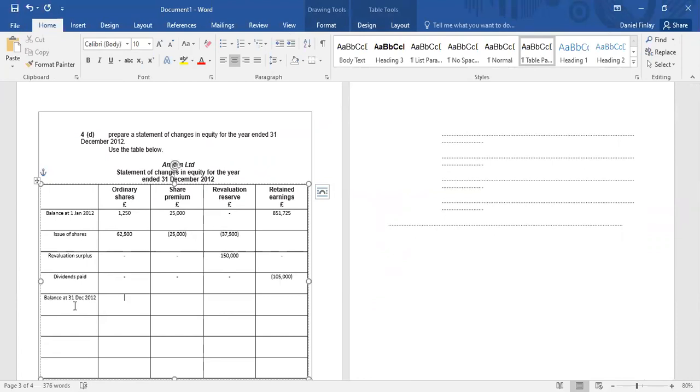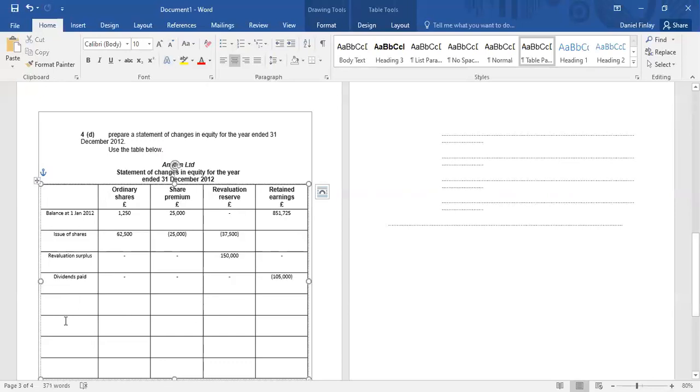So just total them up, and we should get, when we do it, 63,750. This should now become 0. This should become 112,500. And this, I'm not finished with this yet, am I?